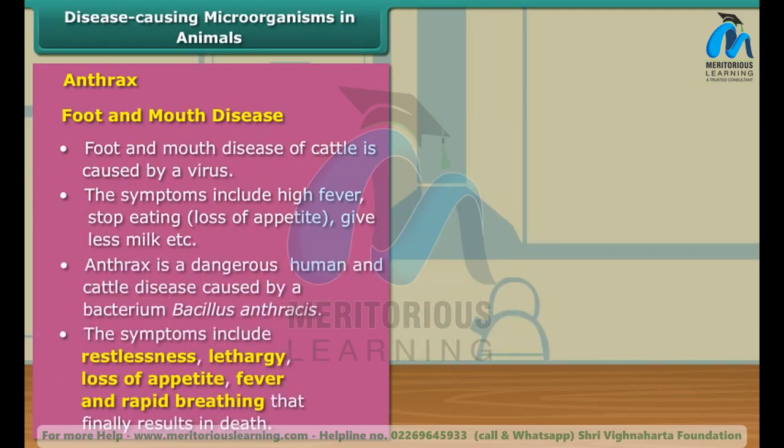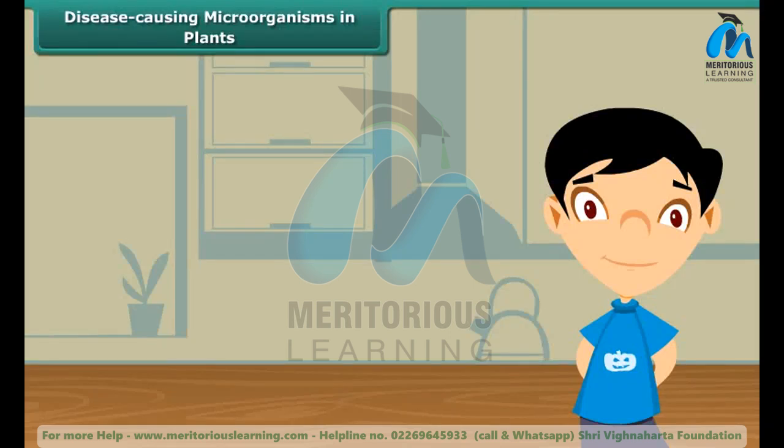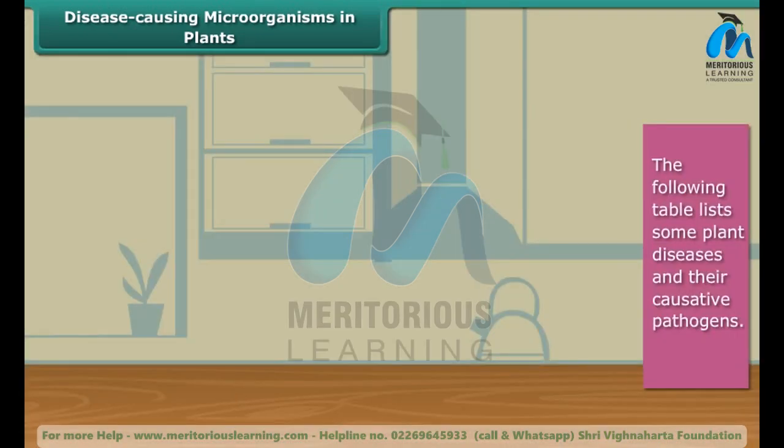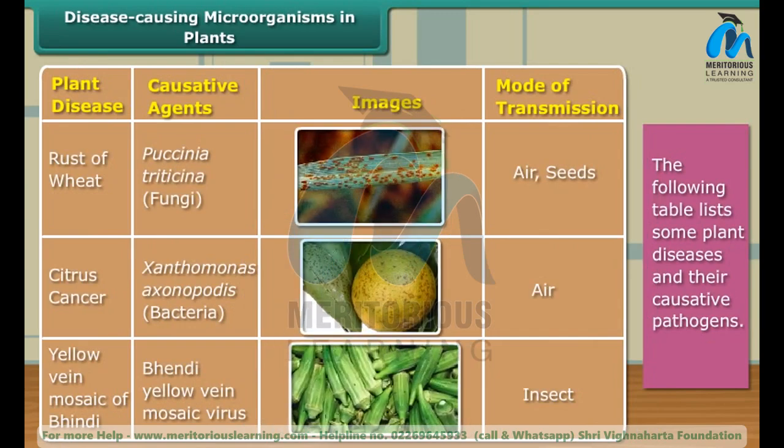Anthrax is a bacterial disease caused by Bacillus anthracis, while foot and mouth disease in cattle is caused by a virus. Now let's know about diseases caused in plants. There are several microorganisms which cause disease in various plants. The table contains some widespread plant diseases and their causative pathogens.